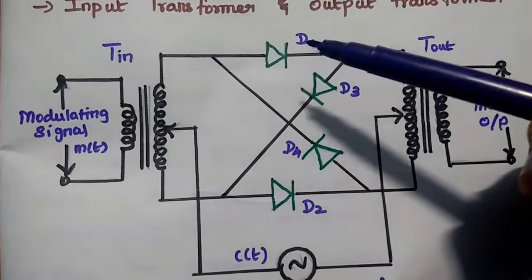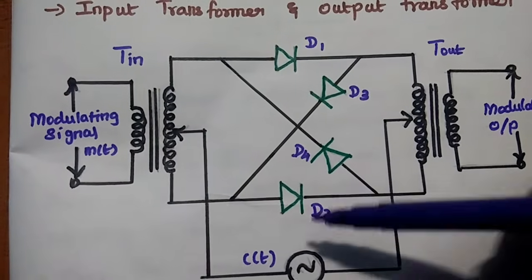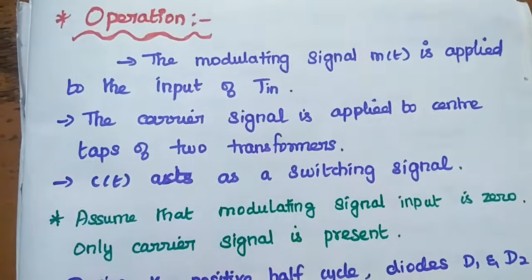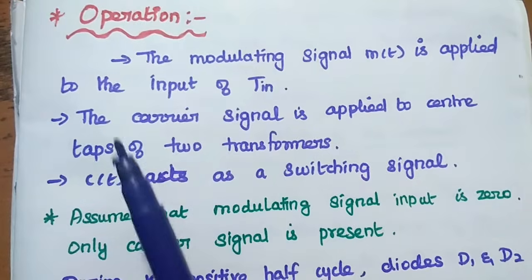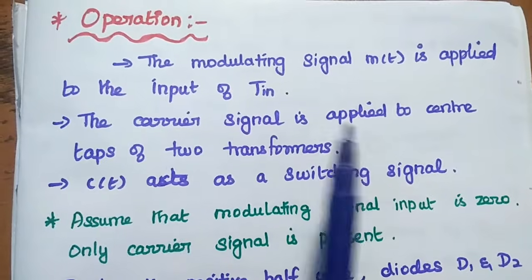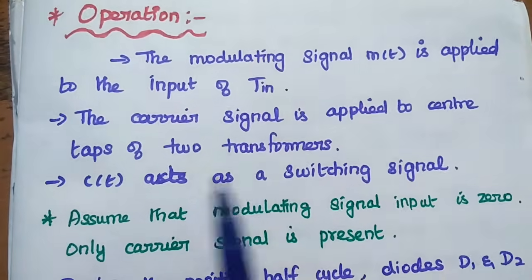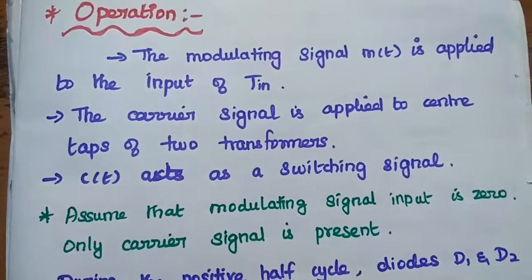Here the 4 diodes D1, D2, D3, D4 are connected in ring shape. The modulating signal M of t is applied to the input of the input transformer. The carrier signal is applied to the center taps of the 2 transformers. Here the carrier signal is acting as a switching signal.